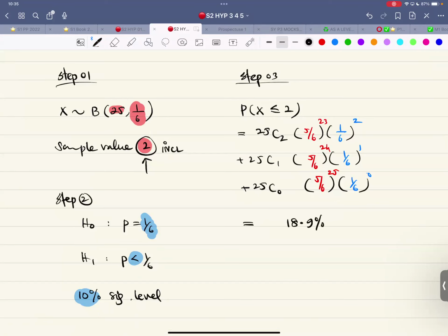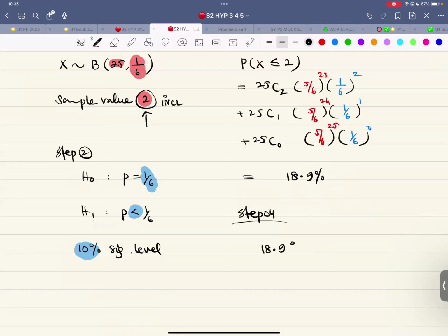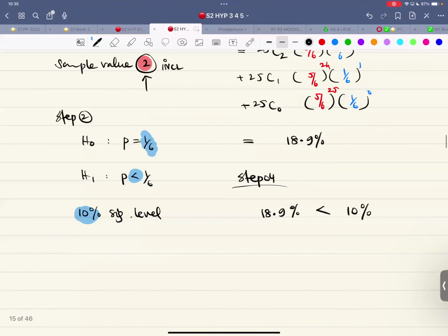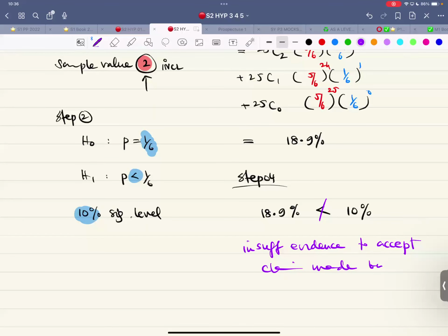Okay, so now step 4, the conclusion part. That is compare 18.9% with the half of, no, it's not a two-tail test, my bad, with the 10% significance level. So this is not true. Therefore, we will say there is insufficient evidence to accept the claim made by Johan.